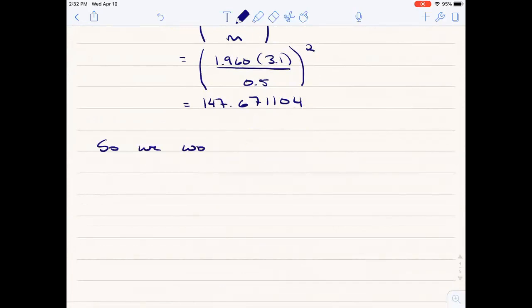So we would need n equal to 148. And that rule goes for the sample size calculation with sigma known, but also for one sample proportions. Good. Any questions about that one?